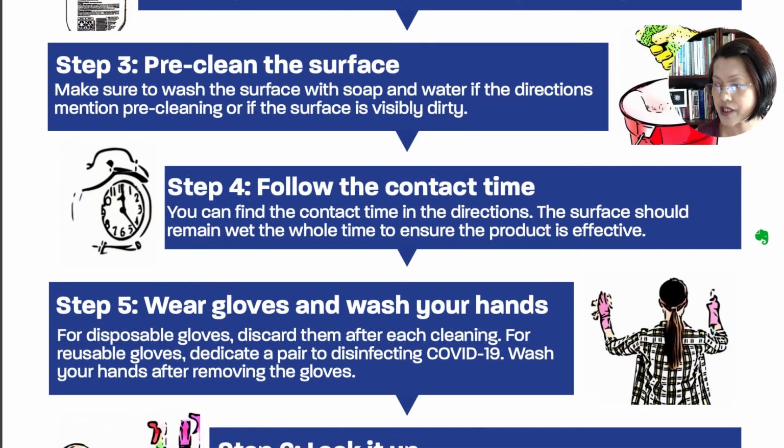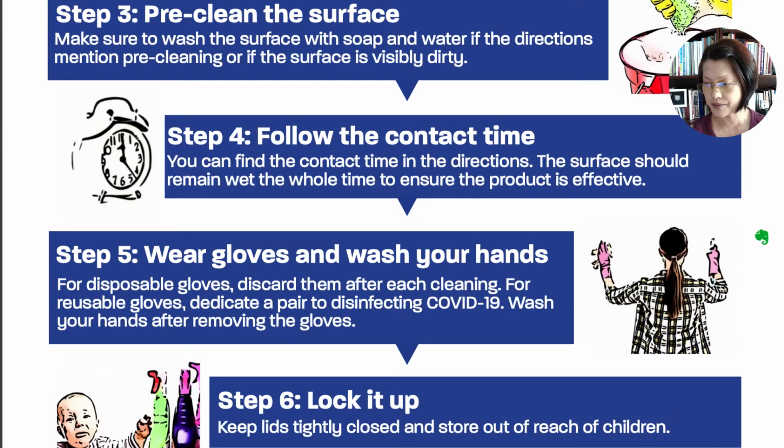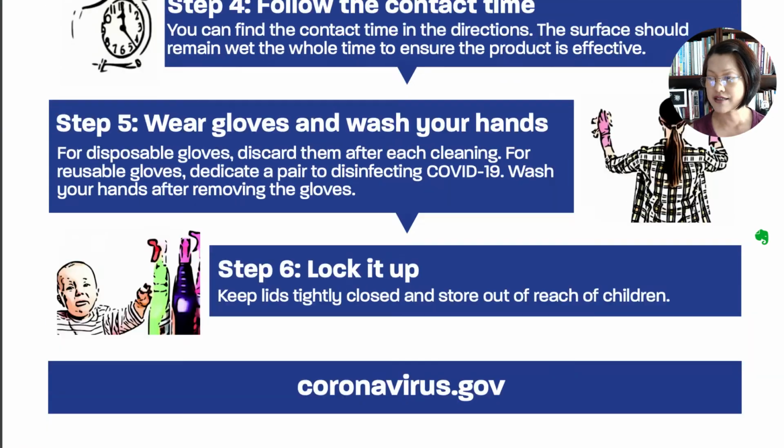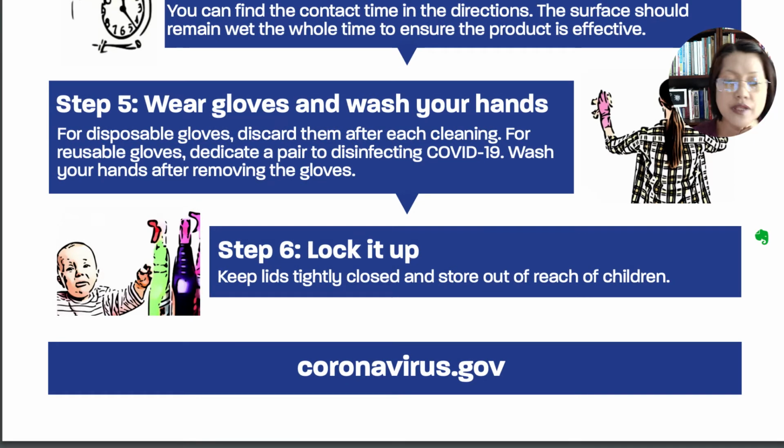The next step, and we've actually covered this a little bit, is to wear gloves and wash your hands. And then lastly, step 6, keep lids tightly closed and store, especially this bleach, out of reach of children.